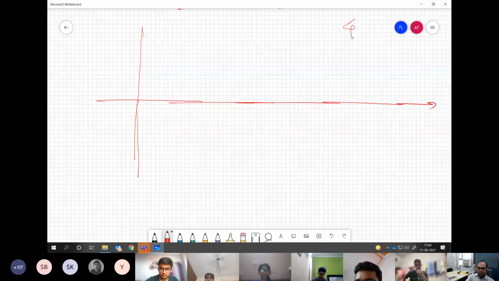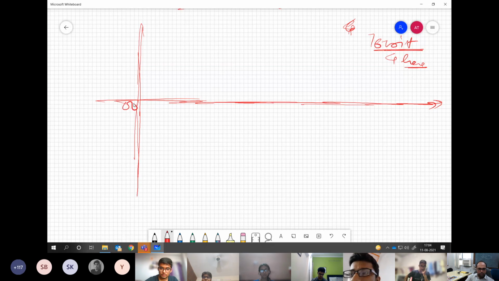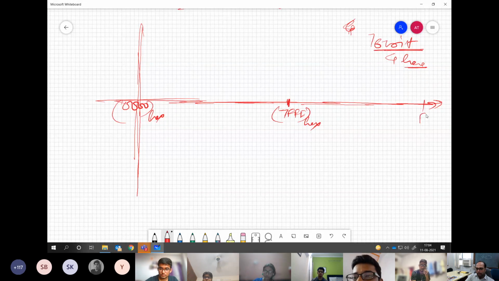Let us say we take a 16-bit number expressed as 4 hex digits, and we plot its value, magnitude and sign both. We start from 0000 hex, go all the way up to 7FFF hex, and again all the way up to FFFF. How would this look?